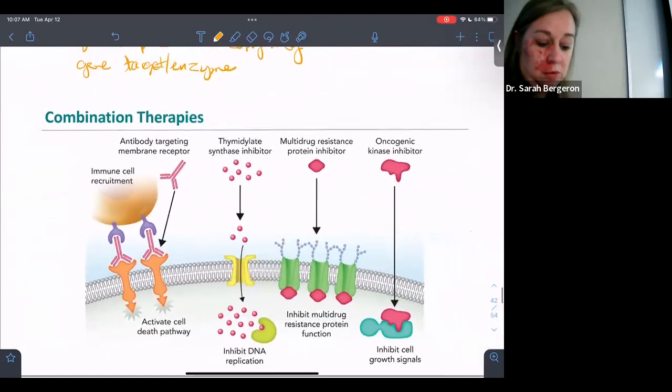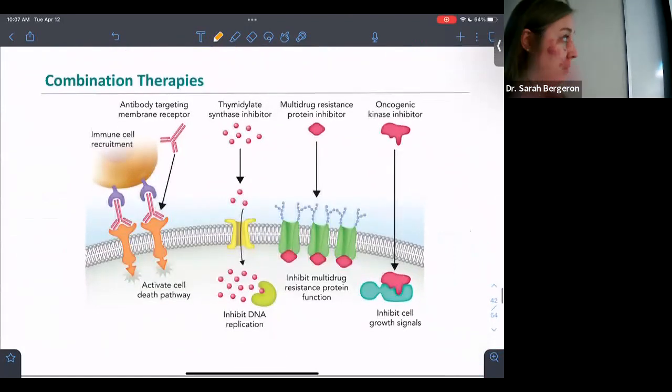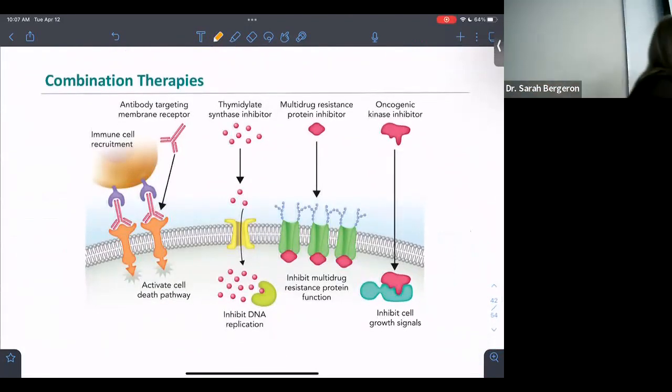So sometimes we're going to give them a specific drug. This is the specific drug that we were talking about, the thymidylate synthase inhibitor, right? One drug that targets a particular pathway that's important for cancer cells, like DNA replication. We're also going to give them a multi-drug resistance protein inhibitor so that it can't pump out the drug that I just gave it.